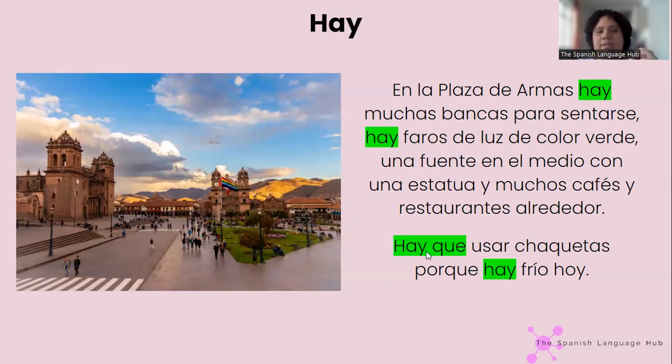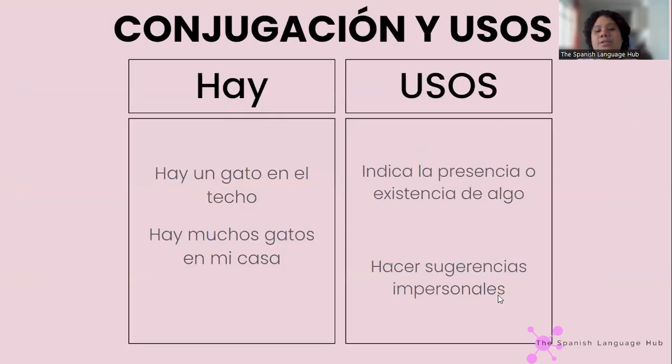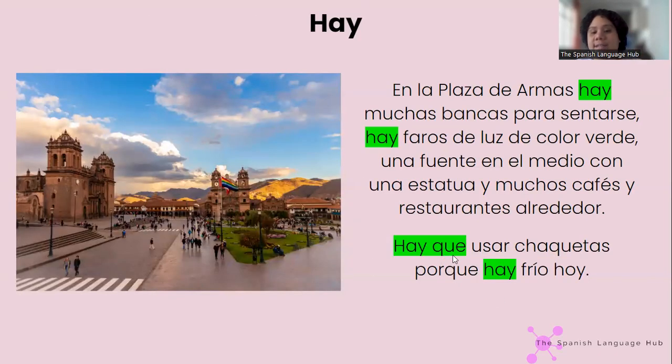It's necessary. Now we have hay que suggestions. It's necessary to use jackets because it's cold. All right. So it's necessary. This is a suggestion. When we add que to hay, as you can see here, we don't have que anywhere, right? Hay muchas bancas, hay faros de luz.